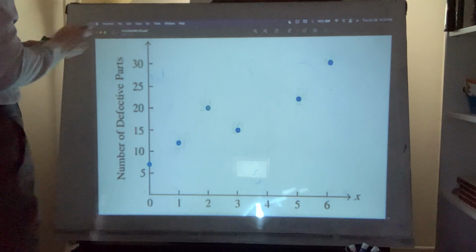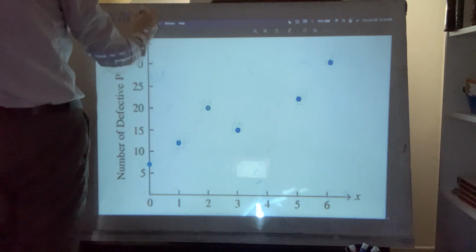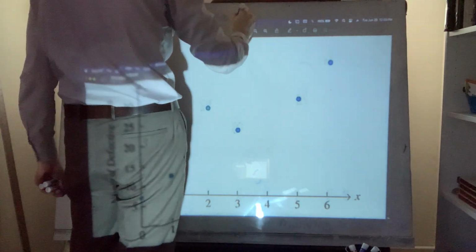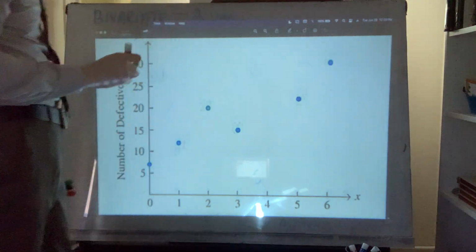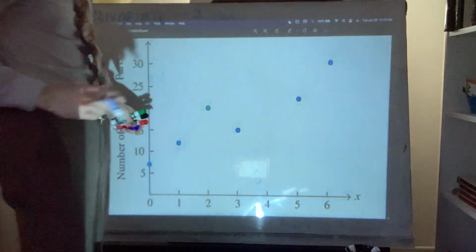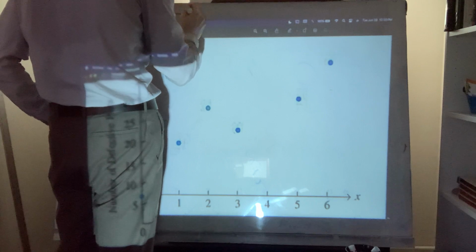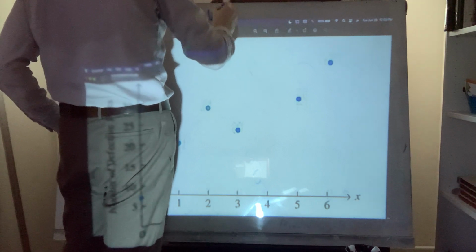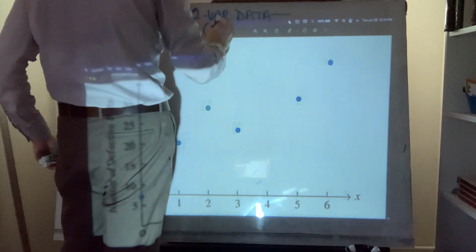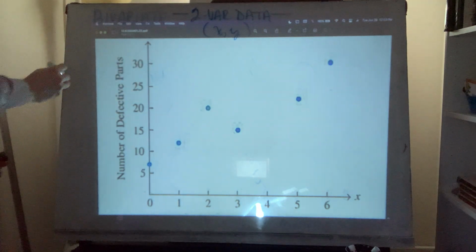So just to summarize some information here. Bivariate, which means 2 variables essentially. Two variable data, which for all intents and purposes we can just think of as x and y. Graph.